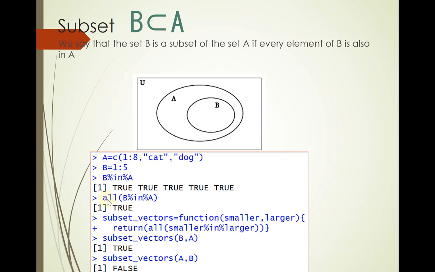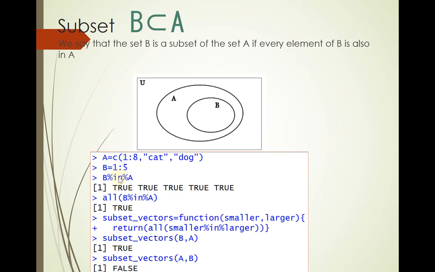What goes in an any function is a Boolean vector. Anyway, the all function works for us here, and it says, are all of these true? If they are, then we get true back. And now we can use this to determine that B is a subset of A.